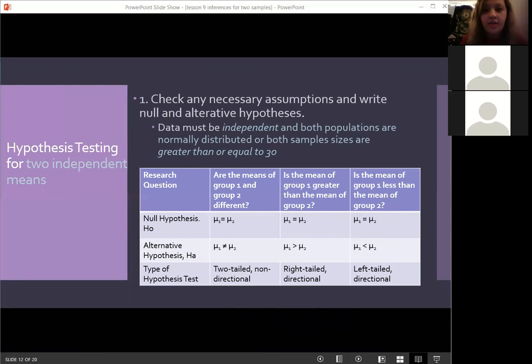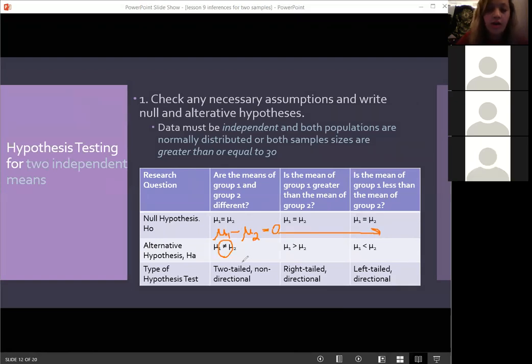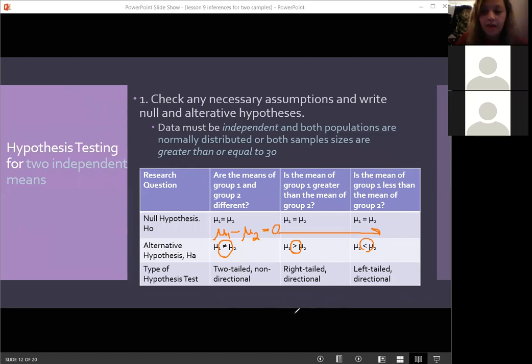And then once again, we have our mu1 and mu2 for our two different means, the two different groups. Another way to write this is mu1 minus mu2 equals 0, because that means they're going to be the same, so they do equal each other. These are all the same here. And your alternative, you have your not equal to for your two-tail, and then you have greater than, and also less than, for your one-tail, dependent on what the direction is.